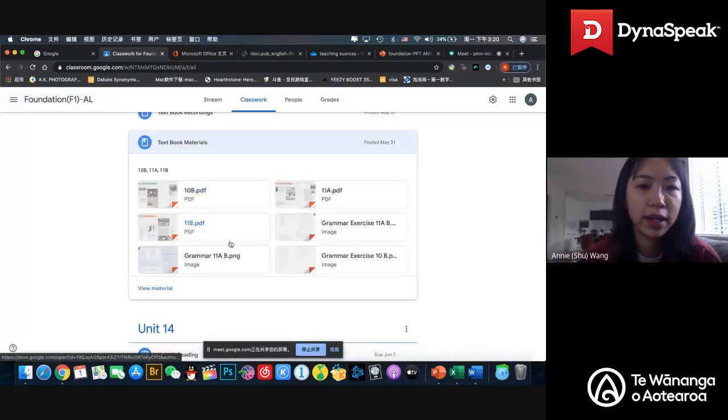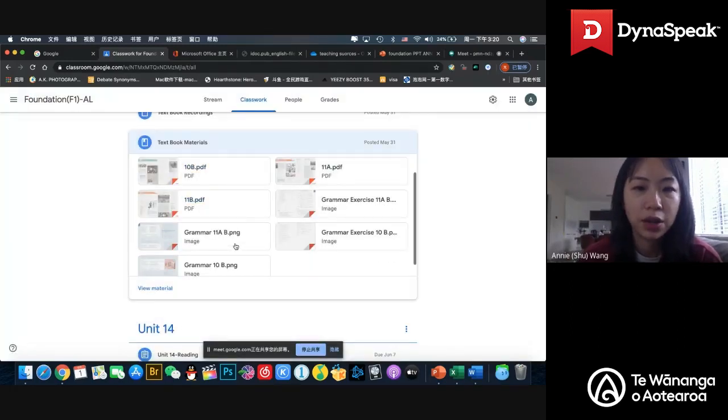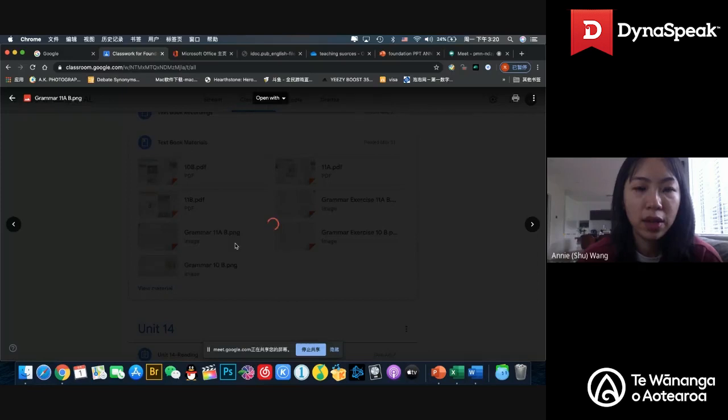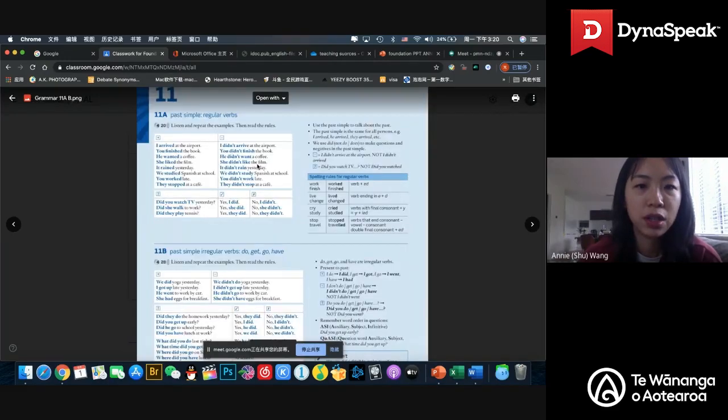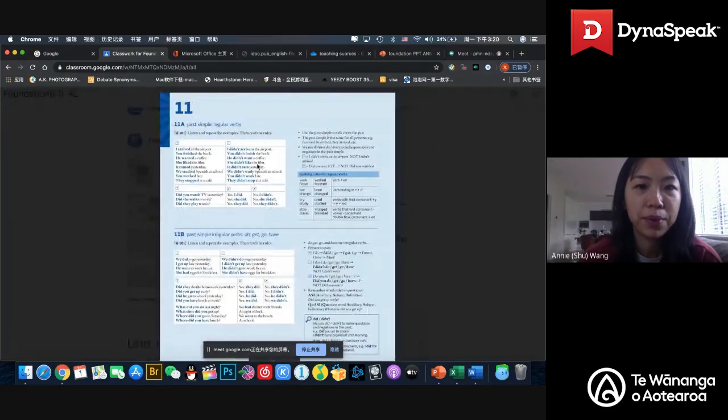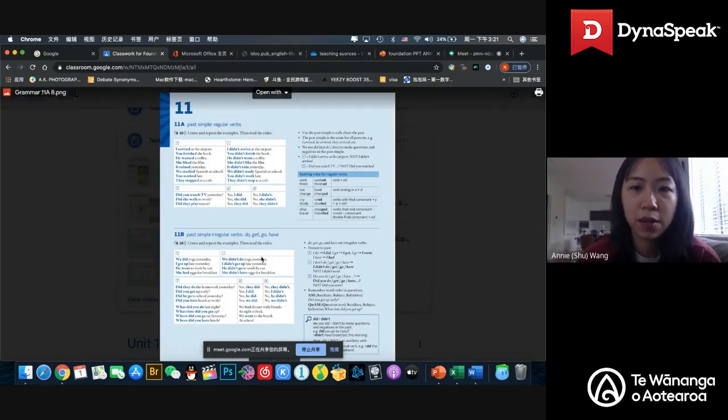Okay, and here we can also look at this page about a more detailed explanation of past simple. Okay, so I hope you can have a good read of these different rules on how to use past simple for both regular verbs and irregular verbs.